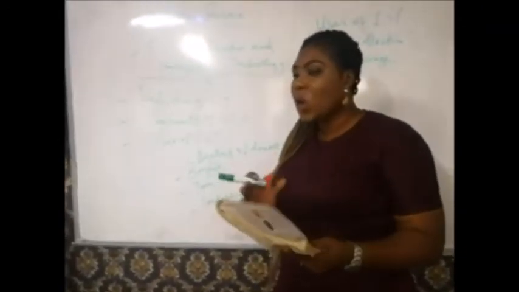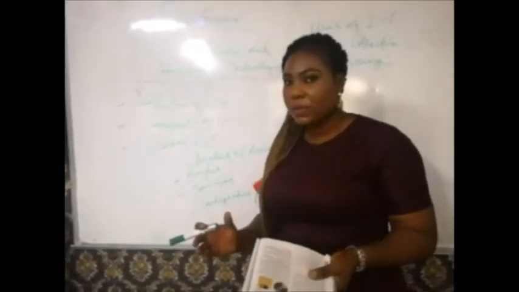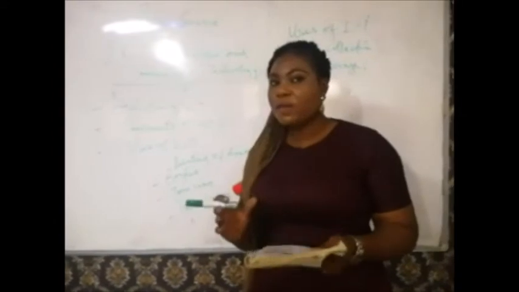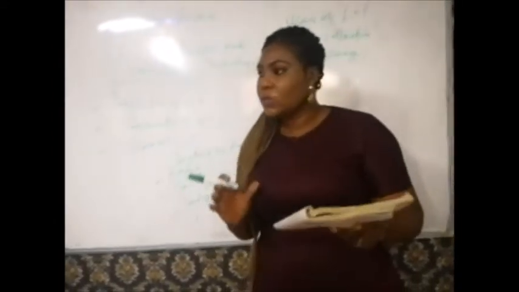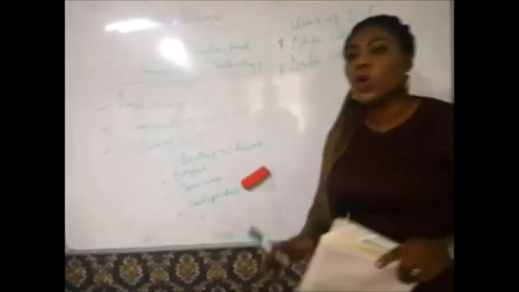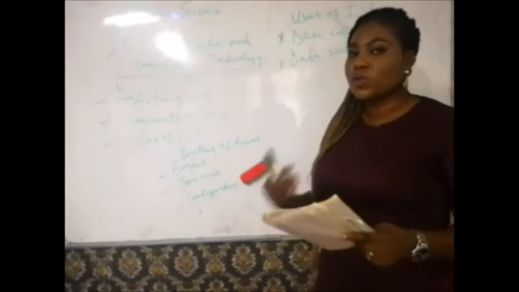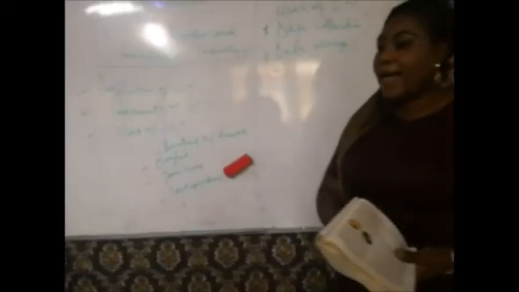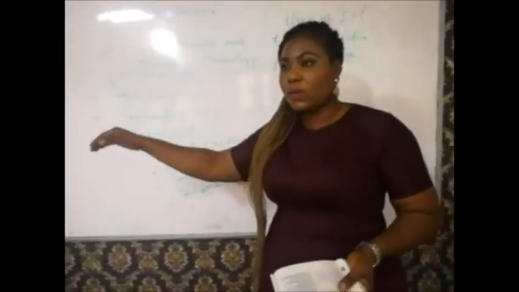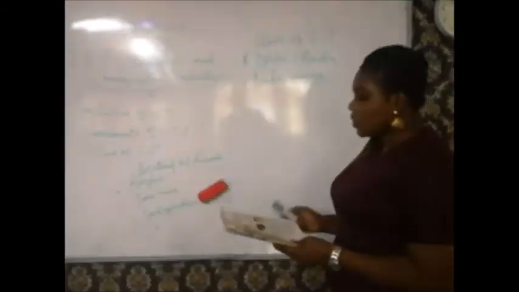So ICT makes storage of data very simple, very efficient. So you just store the knowledge that you want or the ideas or the information in your phone or any of your gadgets that you are using. So anytime you need to use it, you just refer to them, rather than pile up papers in your closet like that. So data storage is very simple.